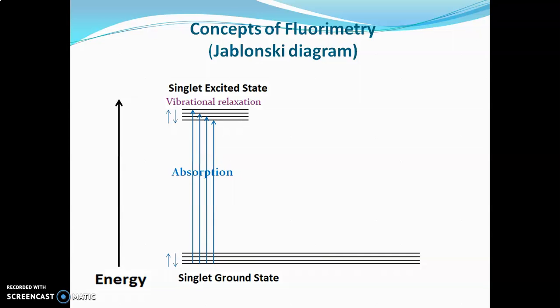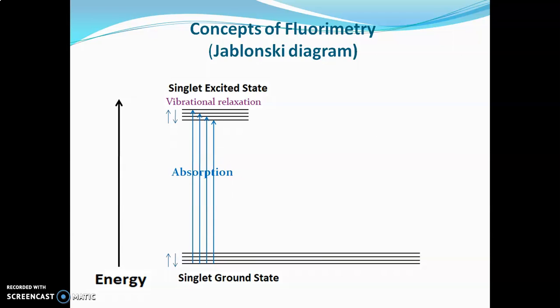Here vibrational relaxation of electrons occur. A singlet excited state is the excited state. It is unstable. So electrons will not spend more time in this state. Electrons will try to lose their energy and come to the ground state.